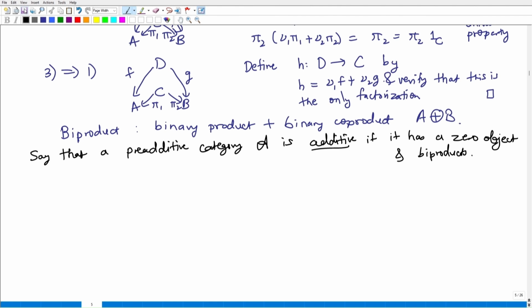Okay, so this is the definition. We are trying to add more and more limits and colimits. So an additive category has finite products and finite coproducts.